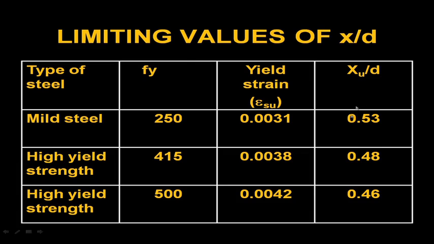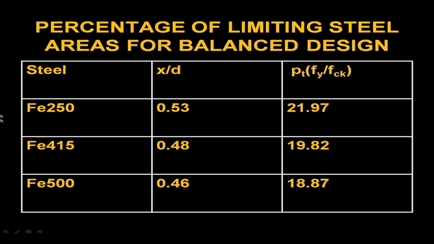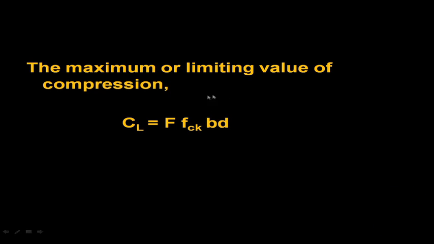XUmax by D changes with respect to steel, and then X by D, that is PT Fy by FCK, this value will give you the balanced section. Later on, whenever we solve the problem, at that time we shall come back to that particular one, and the maximum limiting values of compression.